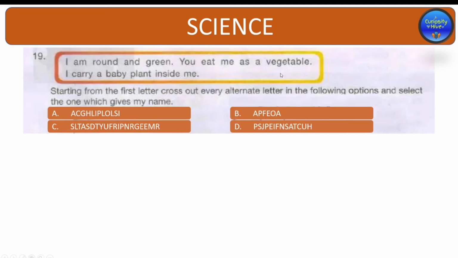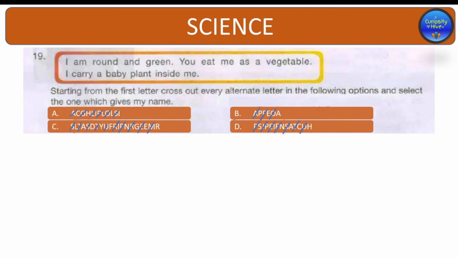I am round and green. You eat me as a vegetable. I carry a baby plant inside me. Now, starting from the first letters, cross out every alternate letter in the following options and select the one which gives my name. You can pause the video and try to solve this. Well, this is a quick one to solve.